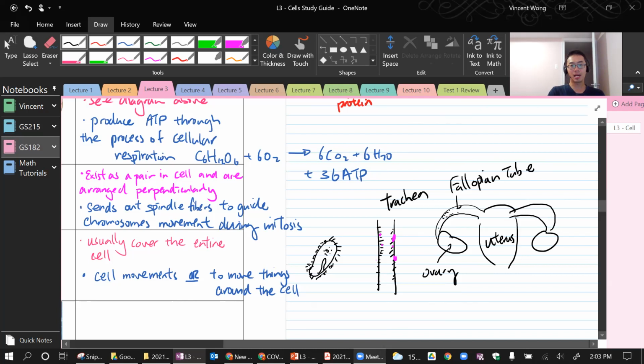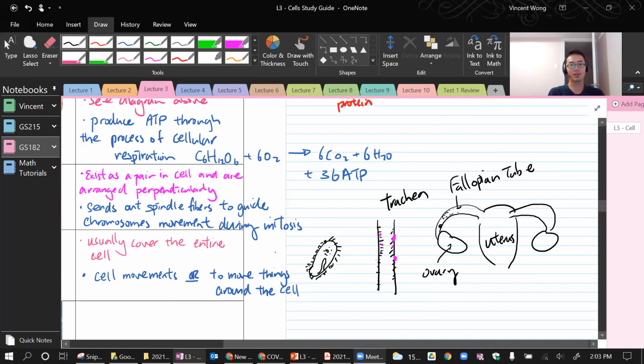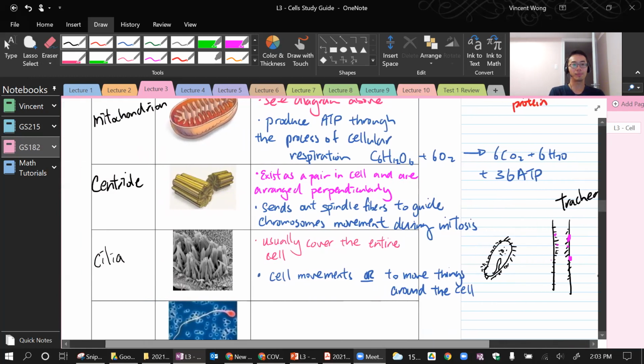So the egg comes out, how does the egg know where to go? The egg has no cilia. It doesn't know how to move around. So the cilia inside the fallopian tube will guide the egg so that it will go towards the uterus. So it either moves the cell like the paramecium, or it moves things around the cell, such as the bacteria or dust particle or the eggs in the fallopian tube.